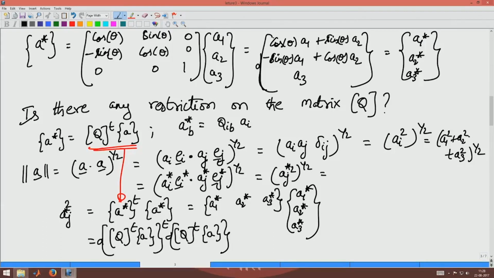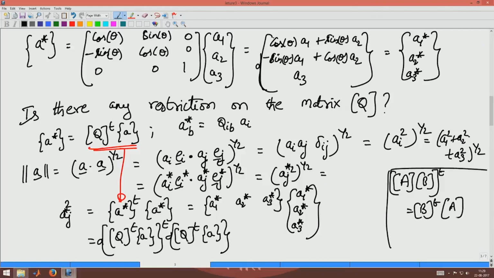So, you know that if A matrix and B matrix are multiplied and transposed, it is B transpose A transpose. Okay. So, this will become A transpose Q Q transpose A. Okay. So, that is A_j star squared.